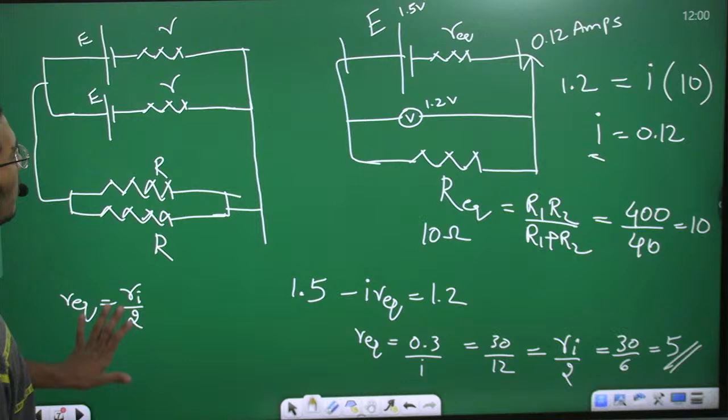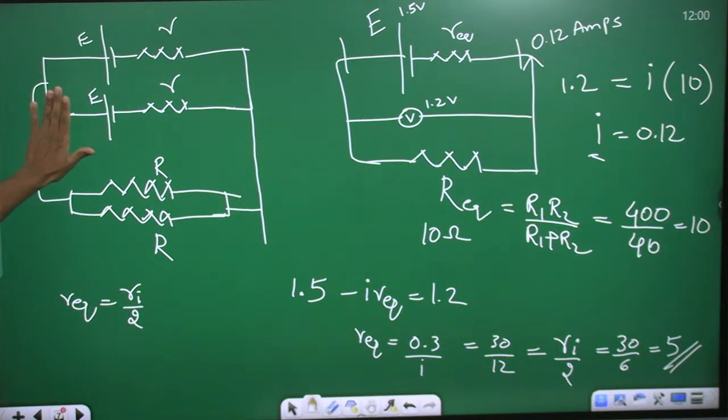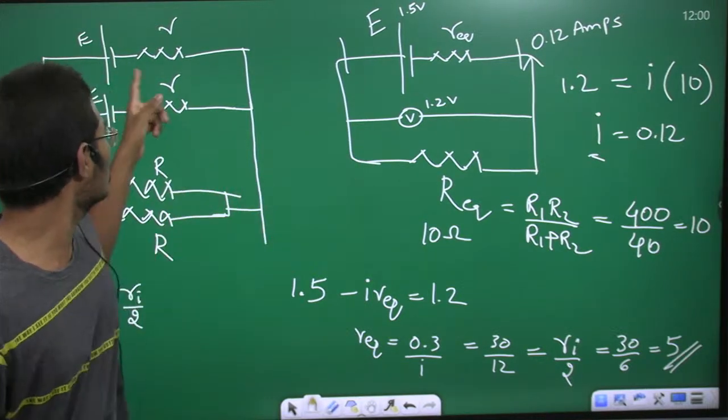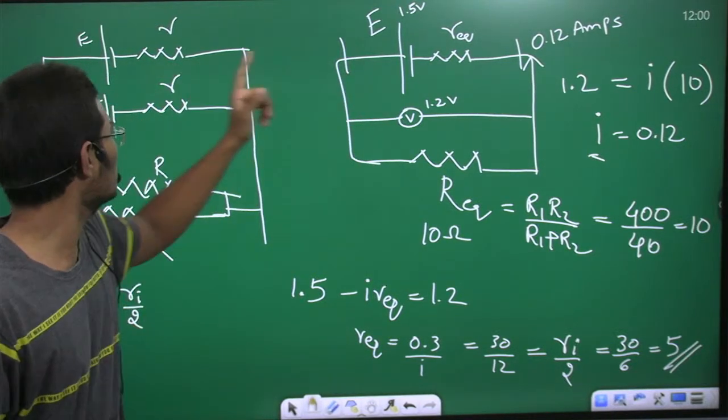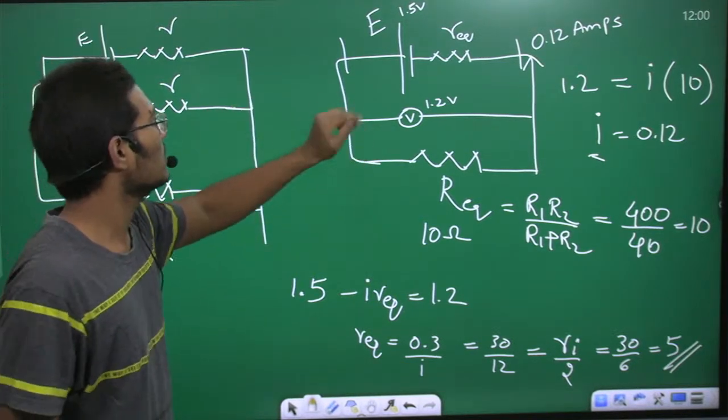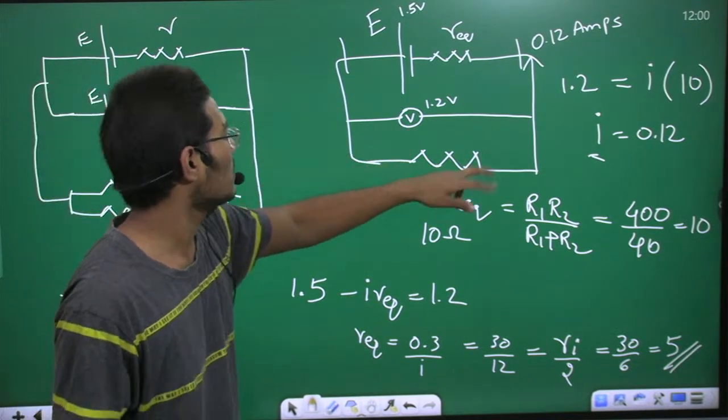Hope you are clear with this. First we have drawn the given circuit, we converted it into equivalent circuit. R equivalent, small r equivalent, E remains the same. When connected in parallel, E equivalent will be E. So we try to apply Ohm's law, V is equal to IR.